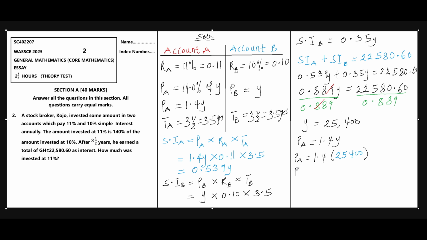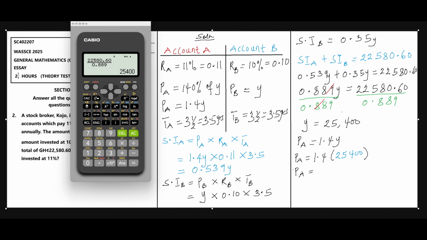So let's see the amount. 1.4 times 25,400.